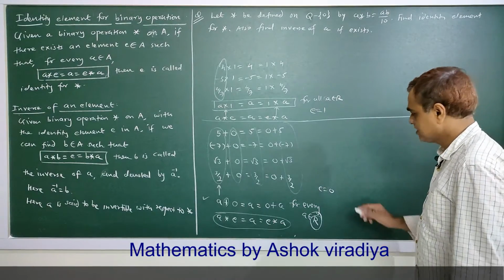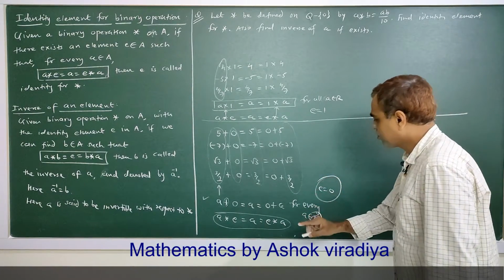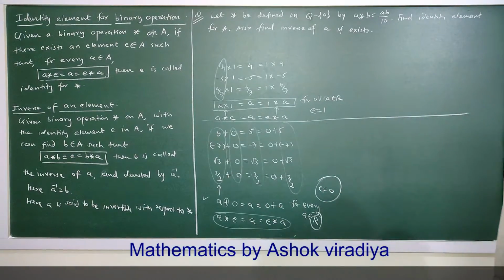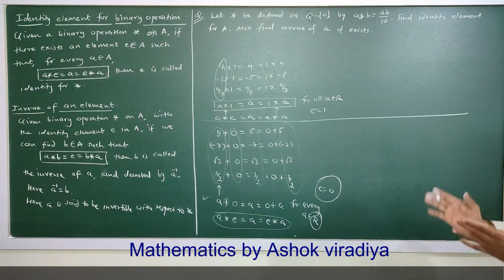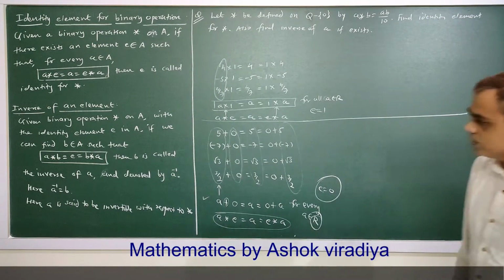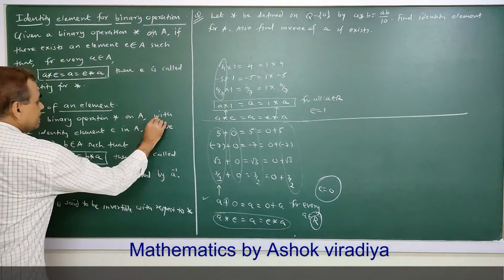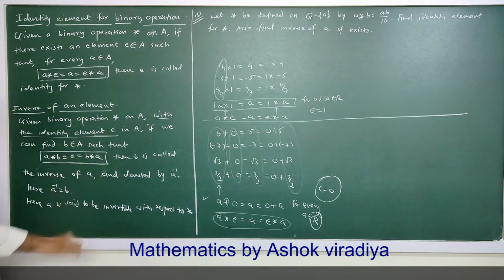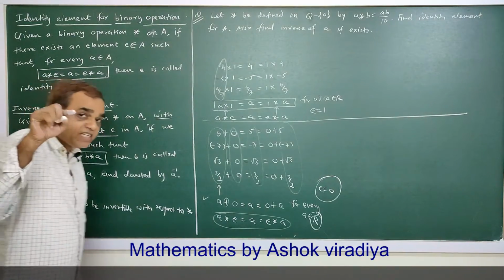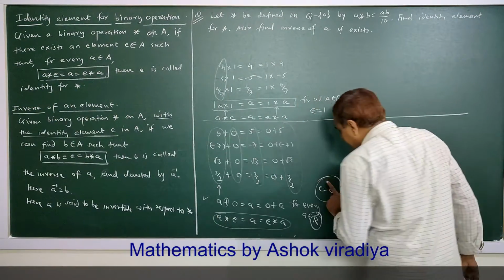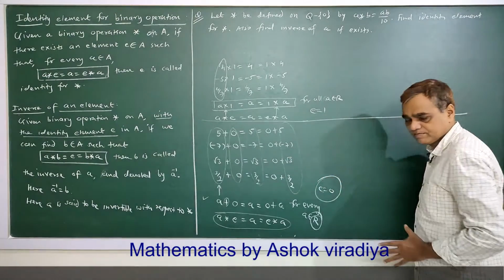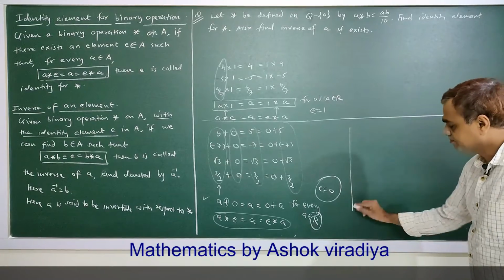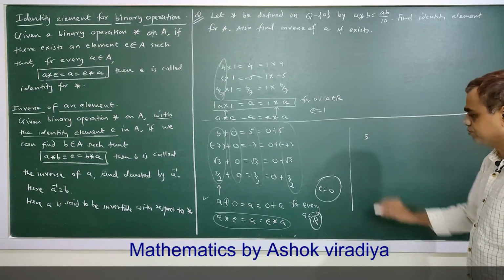Say, here for operation addition, identity is 0. Here identity exists. See, words are with the identity E in A. So here there exists identity 0 in R. Now see, here suppose I take 5.